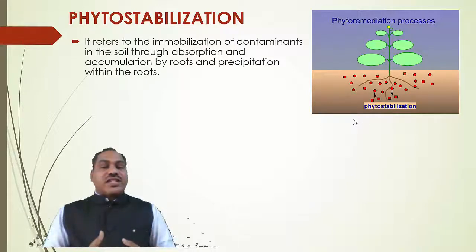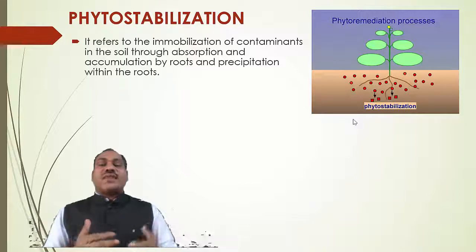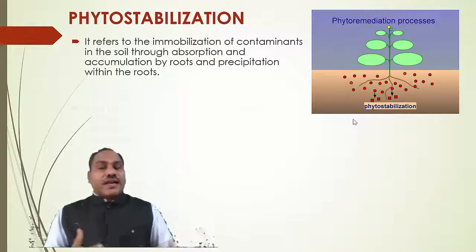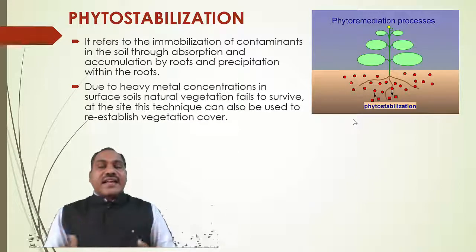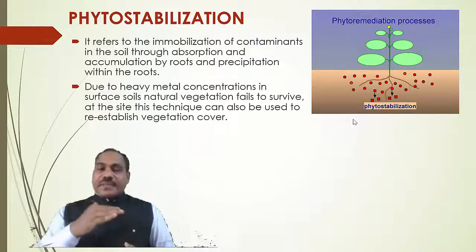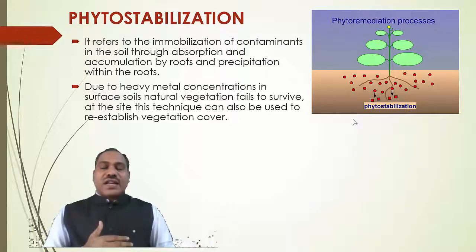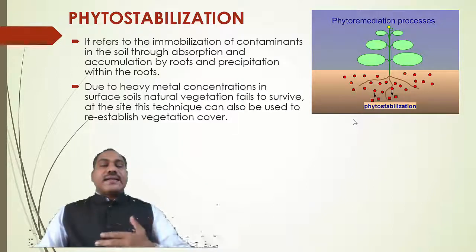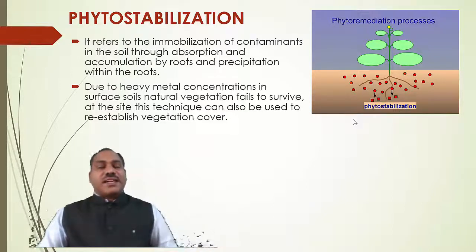Due to heavy metal concentration in the surface soil, natural vegetation is often not possible. At such times, if we can revegetate or re-establish the vegetation cover, then stabilization of these contaminants takes place, and it decreases the spread of the contaminants to other regions.